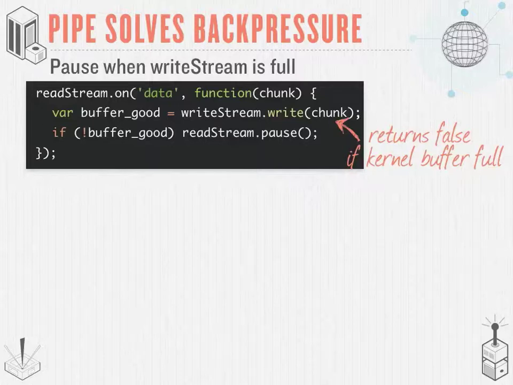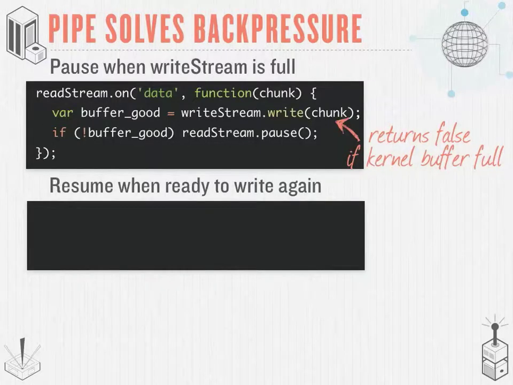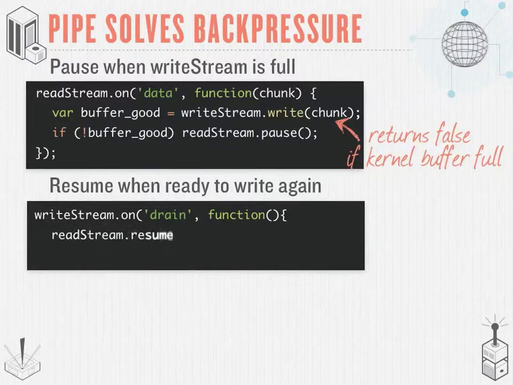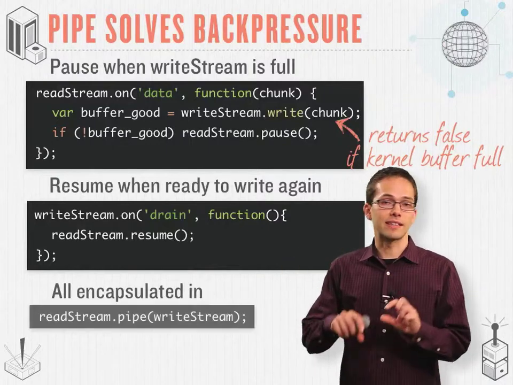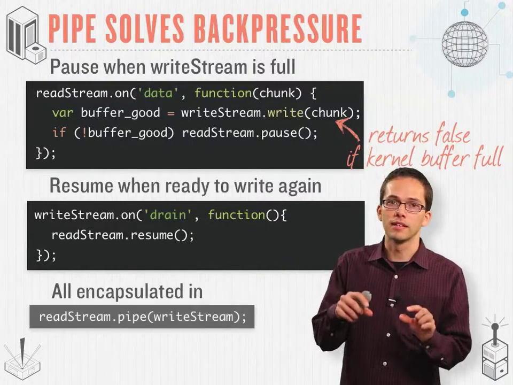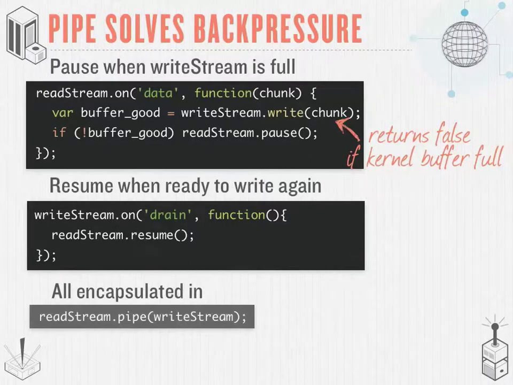Then we need to know when we can resume when we're ready to write again. We do that by listening for the drain event, and the drain event means we're ready to write again so we can resume the read stream. And as we mentioned, all of this logic is encapsulated in that pipe command. So if you're using pipe, you don't have to worry about back pressure.